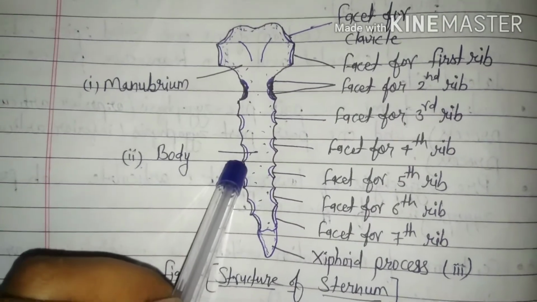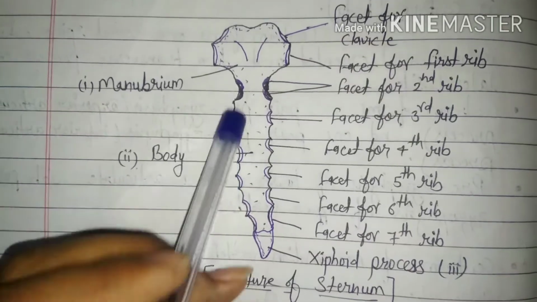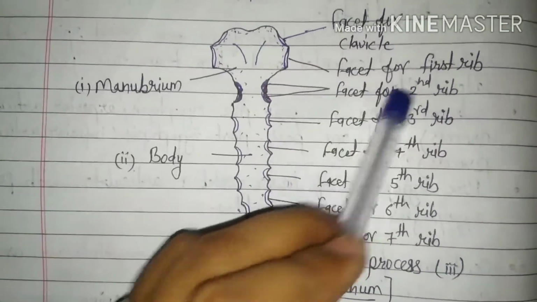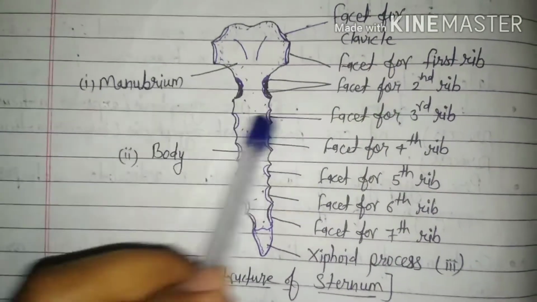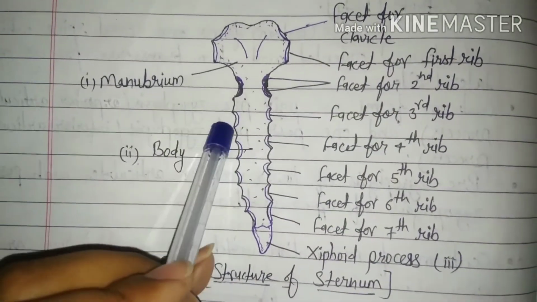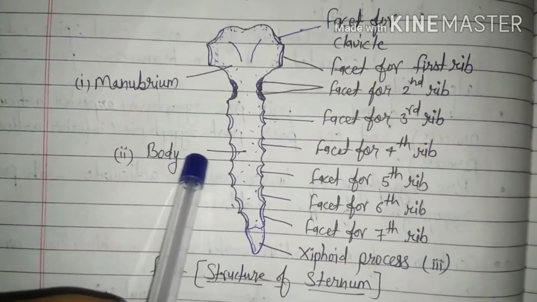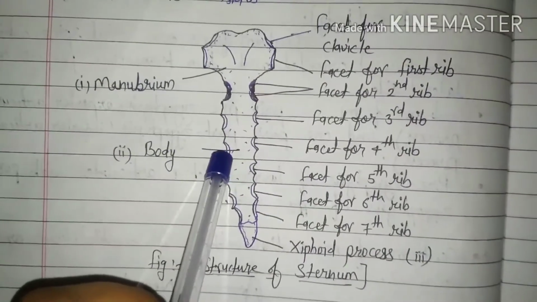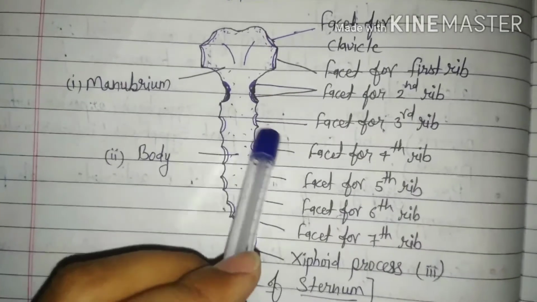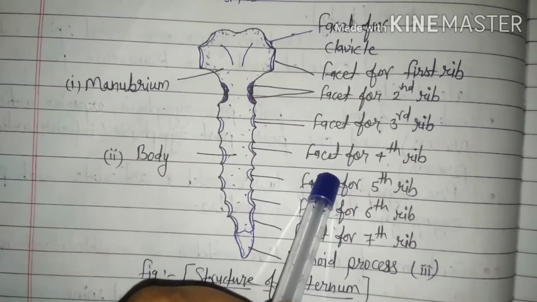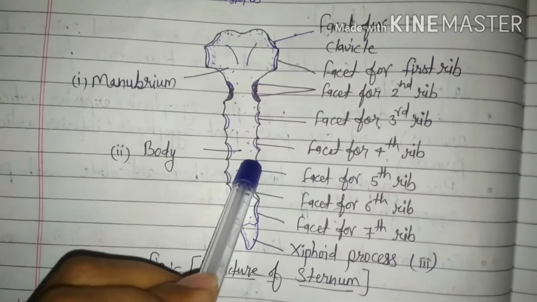In the body region, it means mesosternum, it provides attachment for 2 to 7 pairs of ribs on both sides. Because the number of ribs is 12 pairs, ribs are attached to the sternum on the right side and on the left side.